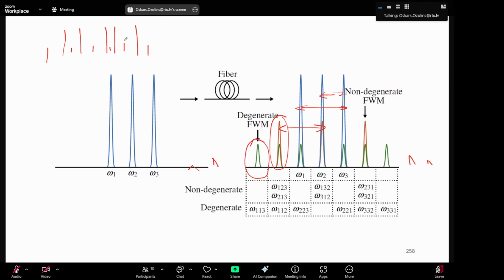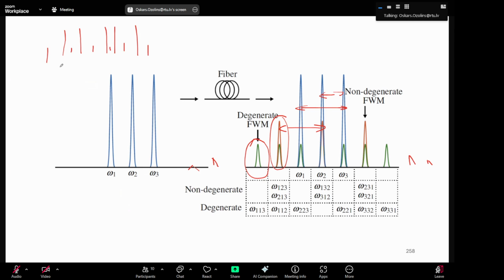So basically you can filter them out. And that was the way they fixed it. Of course it reduced the capacity you can use, but still your fiber is not wasted. You can still transmit more data than just a single channel.